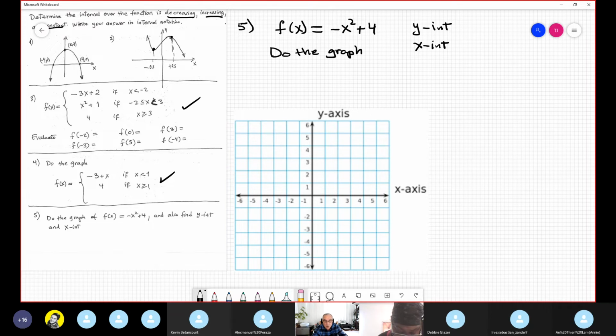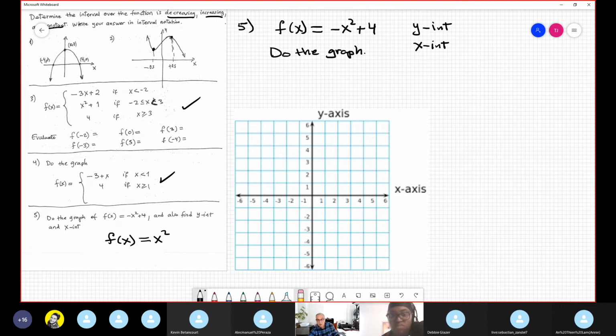In my opinion, the fantastic tool for doing the graph is using transformations. Immediately, I realize that this function belongs to the family of the square function. But we have 2 transformations. Transformation number 1 is reflection.